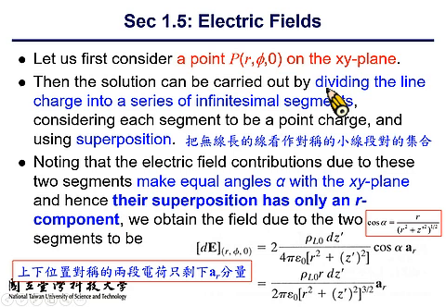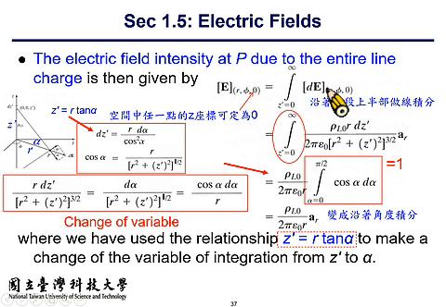And the formulation can be written using the geometry provided by the problem. So here's the expression for cosine alpha, all right? That's pretty much the result we have in the previous slides.